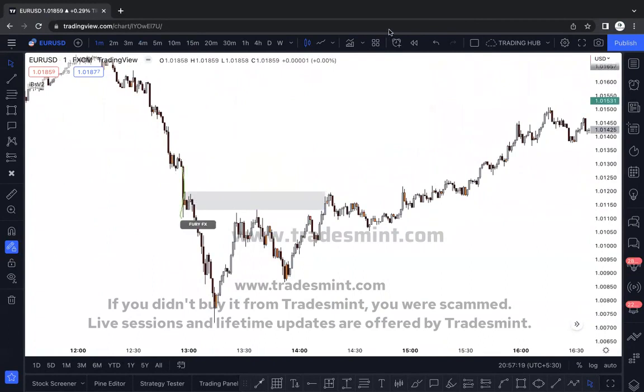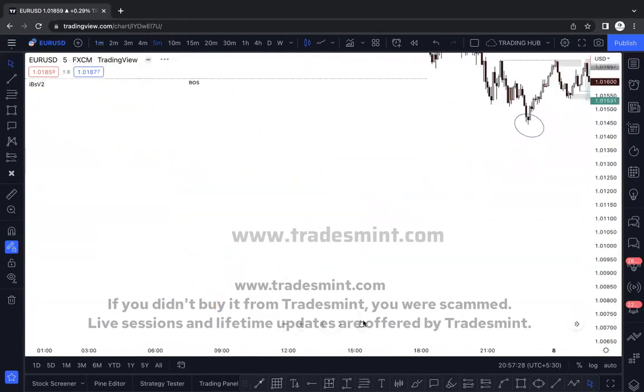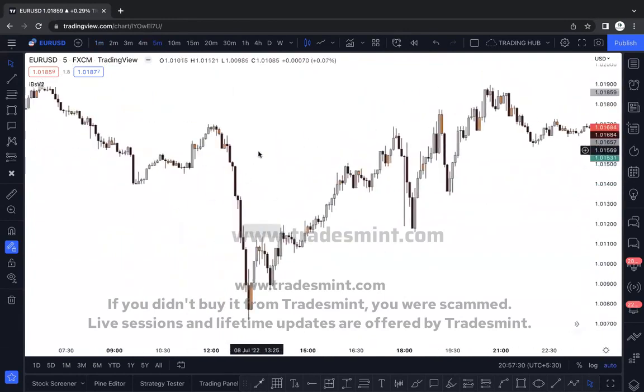Remember one thing before marking any structure. First thing is which time frame you are marking. For example, if you are marking here in a 5 minute, then you must take out the 5 minute high or low. Some people do the wrong thing here, that they mark this as M1 as per the M1.